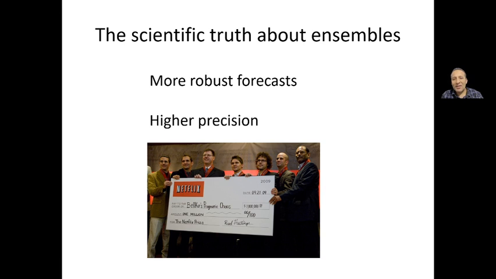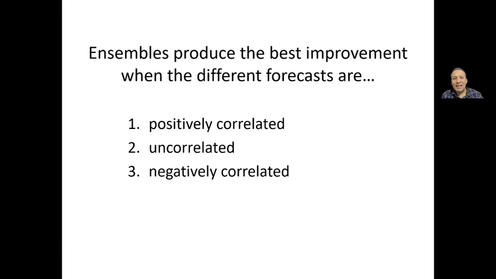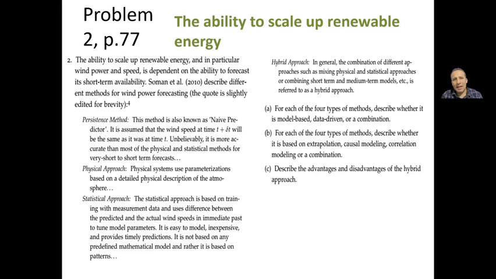I think that was something that Bruce Lee did very well. So ensembles produce the best improvement when the different forecasts are correlated, either positively or negatively, and also when they are uncorrelated. I think that is the most powerful tool of these ensembles.